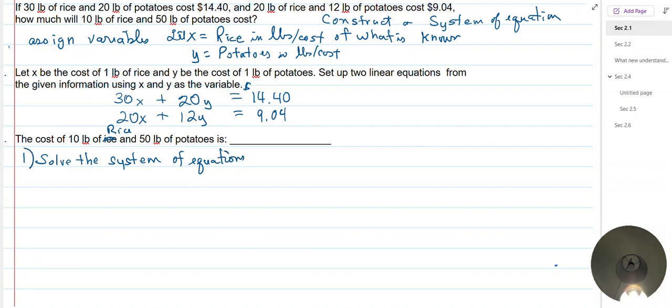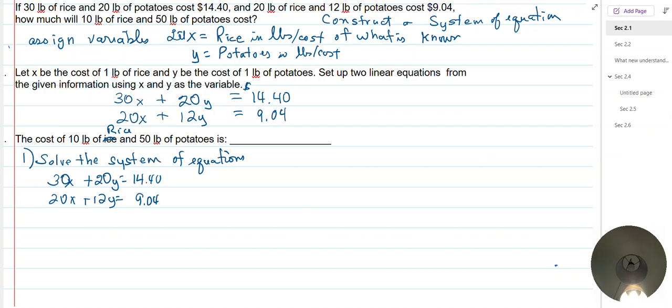All right, so we have our matrix, and it is our system. And 20x plus 12y equals 9 dollars and 4 cents.